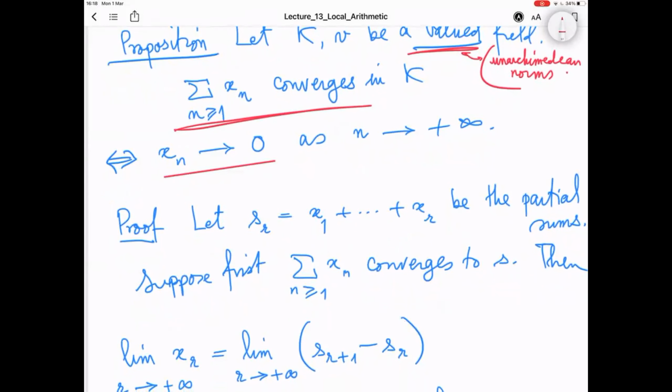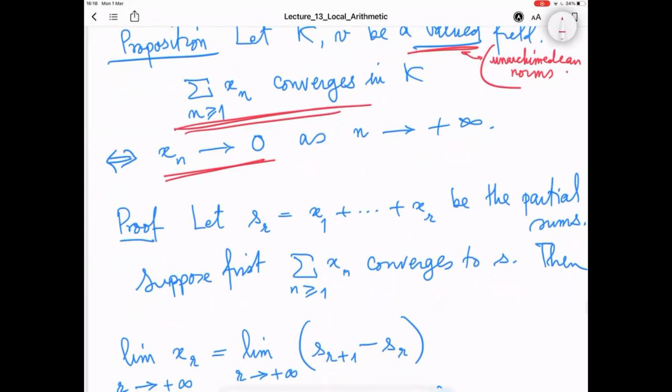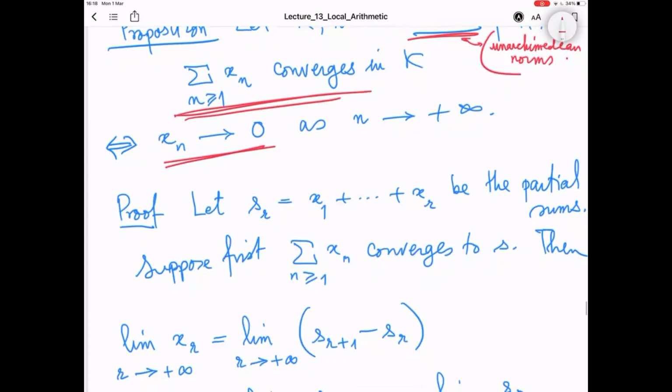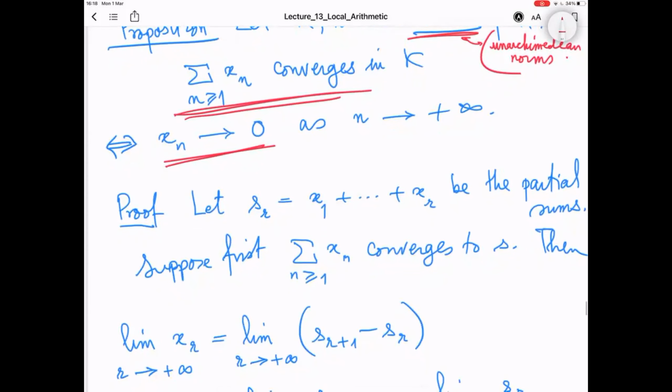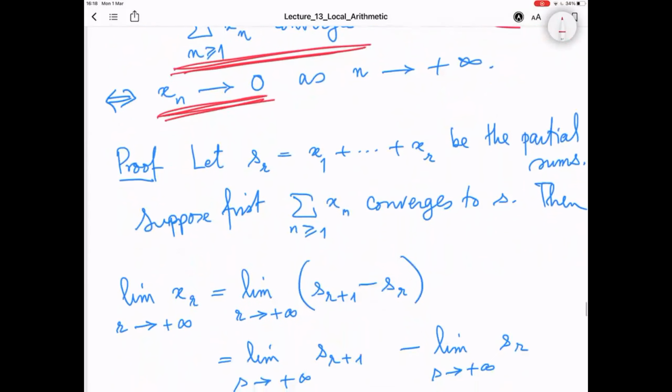That is an unusual thing. If it converges, then the general term tends to 0 is the usual thing. That's what we are familiar with in the everyday real and complex topologies. But here, the converse is also true. If the general term tends to 0, then the series converges. Now, that's peculiar, so let's look at this.